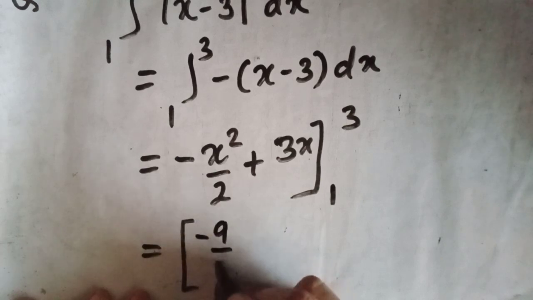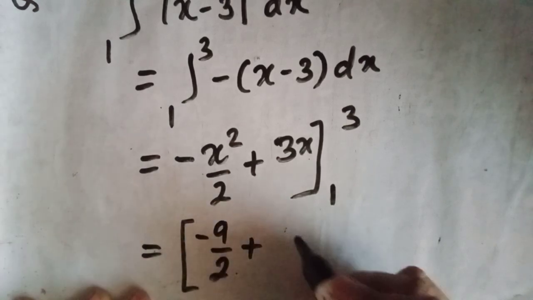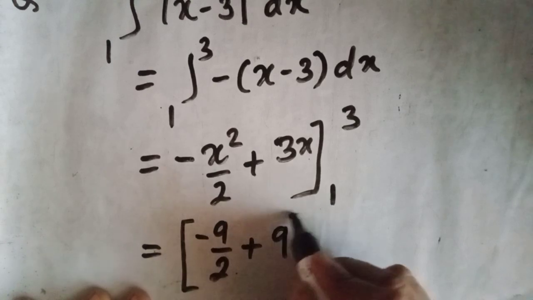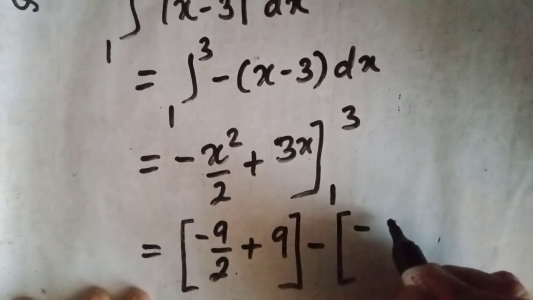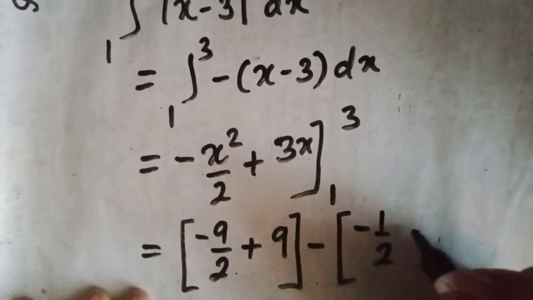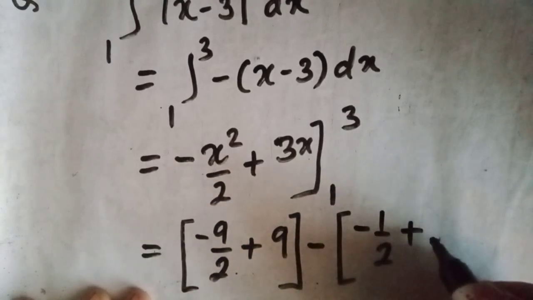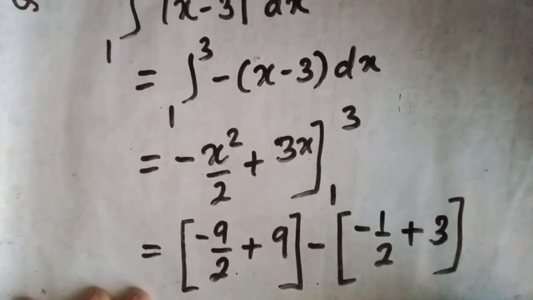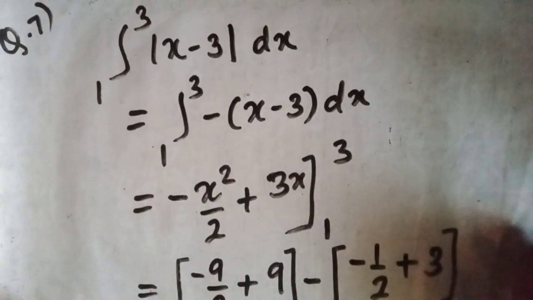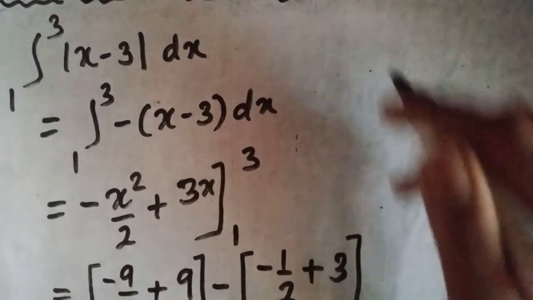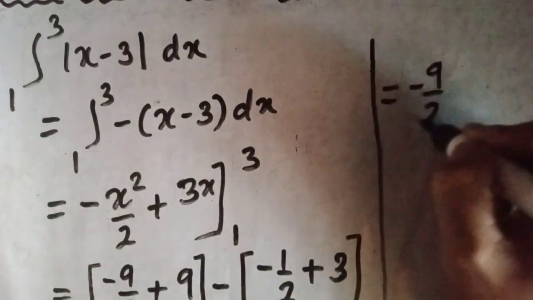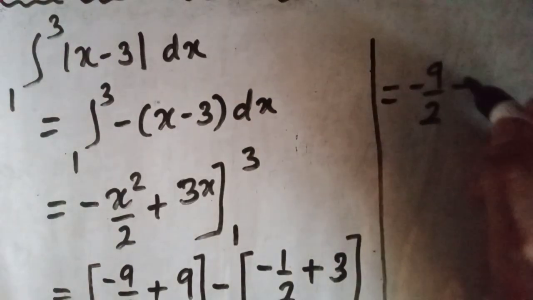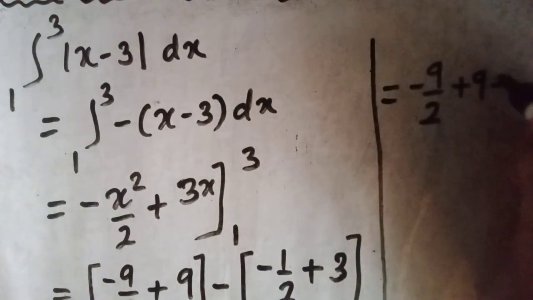3 square 9 by 2 plus 3 3s are 9, minus 1 square plus 3 1s are 3. Okay, so I can write this as minus 9 by 2 plus 9 plus 1 by 2 minus 3.